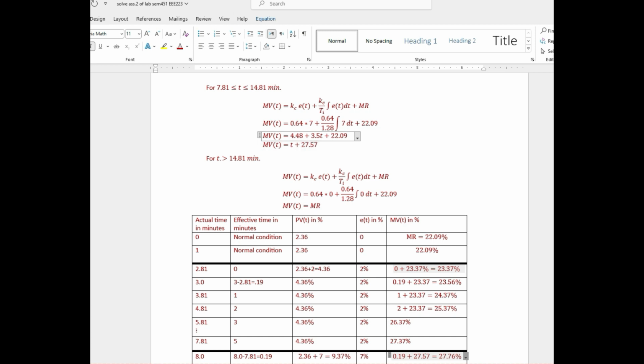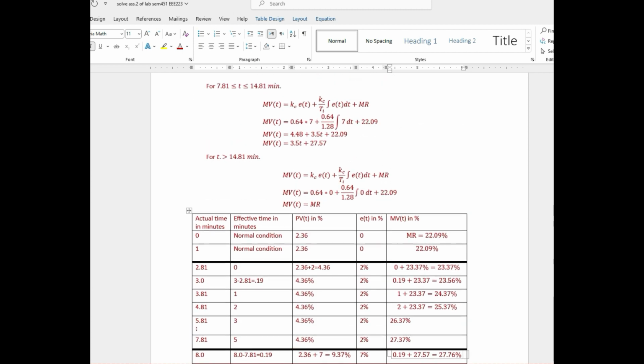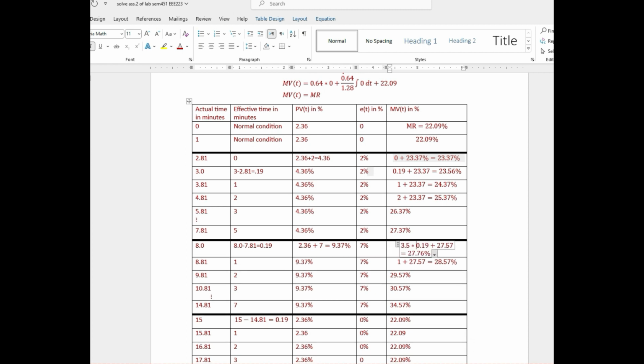And here I forgot there is 3.5, sorry, 3.5 T. So I need to substitute here my 3.75. 3.5 multiplied by the time. Okay, let me just correct the mistakes.